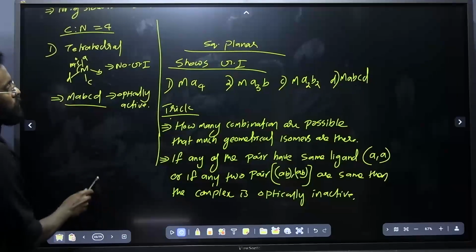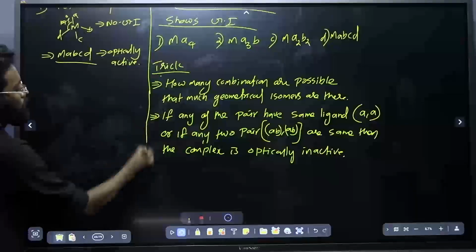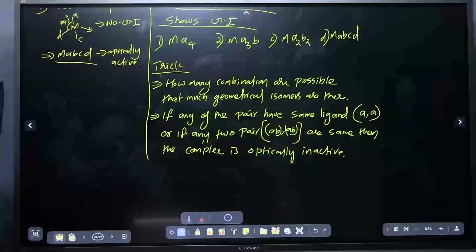This is the trick that you can follow to find out the number of geometrical isomers and number of optical isomers.